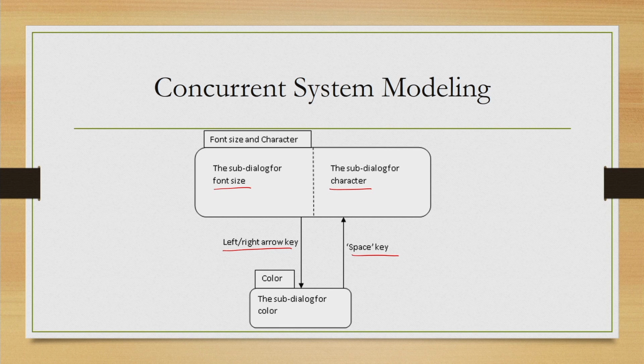And as before, the subdialogues can be represented with STNs. However, there is some change. Now, to traverse between the substates in these subdialogues, we no longer need the up down arrow key, we no longer need the one set of arrow keys.